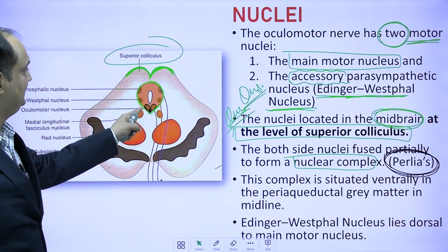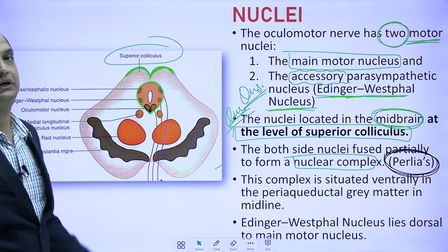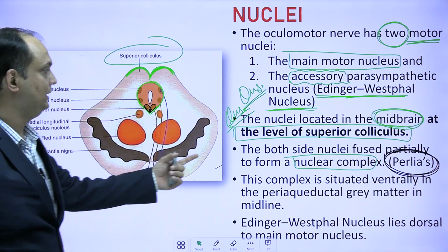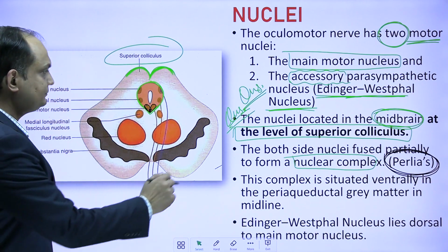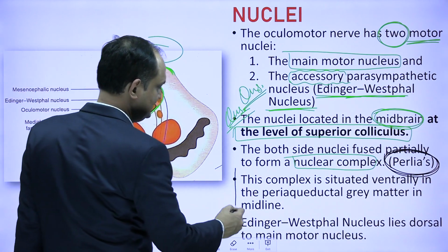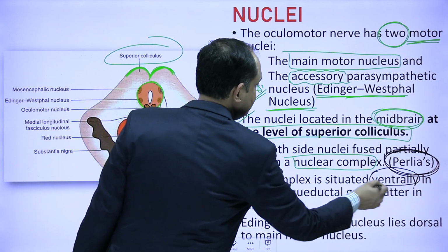The motor nuclei of both sides partially fuse together and are known as the nuclear complex of Perlia.